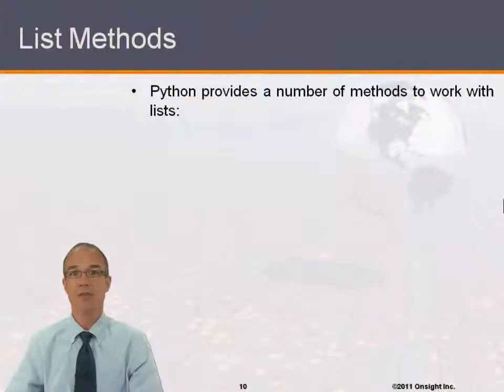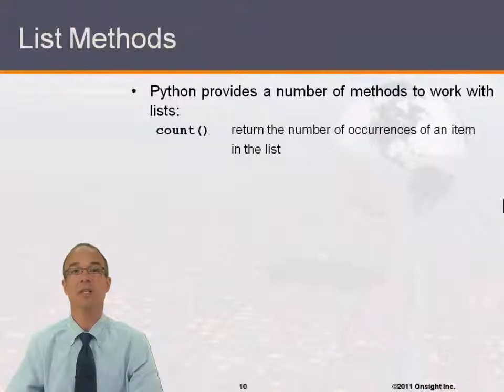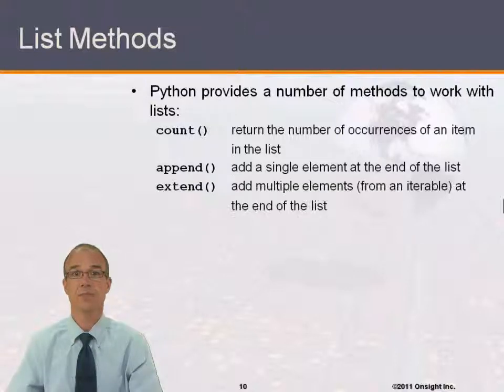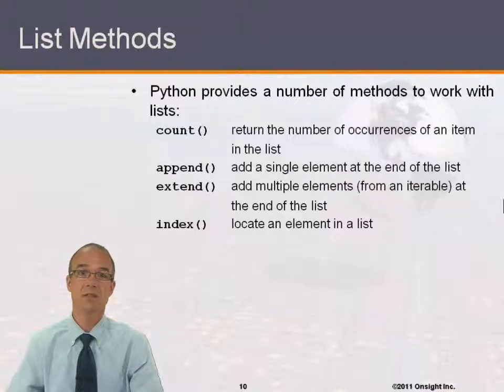A bunch of list methods are provided. Count. This counts the number of items in the list. So if I say names.count, it tells me how many elements are in the list names. Append allows me to add a single item to the right-hand side of the list. Extend allows me to add a list to the end of a list. Index locates an element in the list.